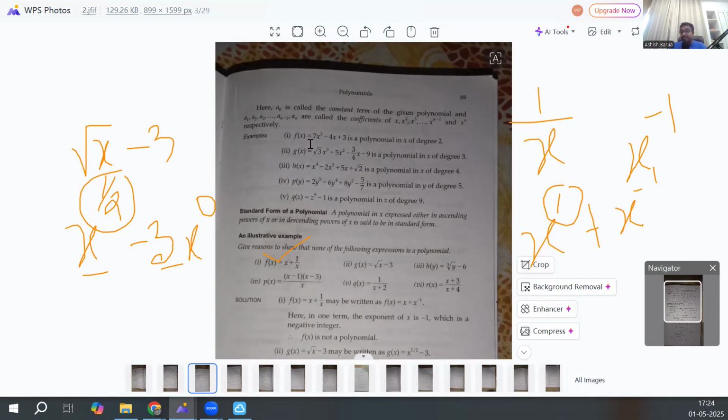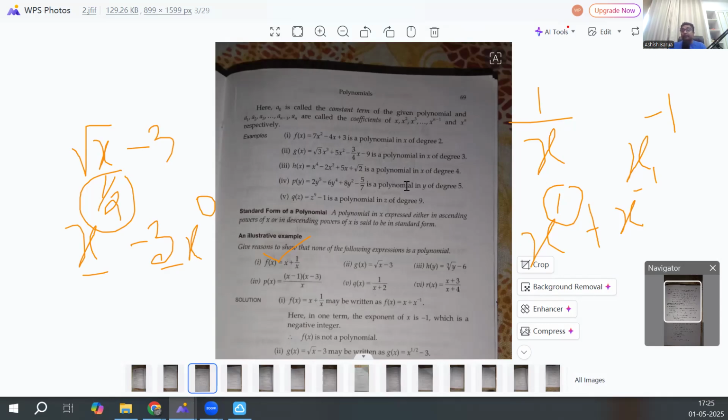Next, coefficients of the other terms. Here, the coefficient of the nth term will be denoted by an. Coefficient of the 10th term will be denoted by a10. Coefficient of the 5th term will be denoted by a5. Coefficient of the second-order term, x squared, will be denoted by a2, and so on.